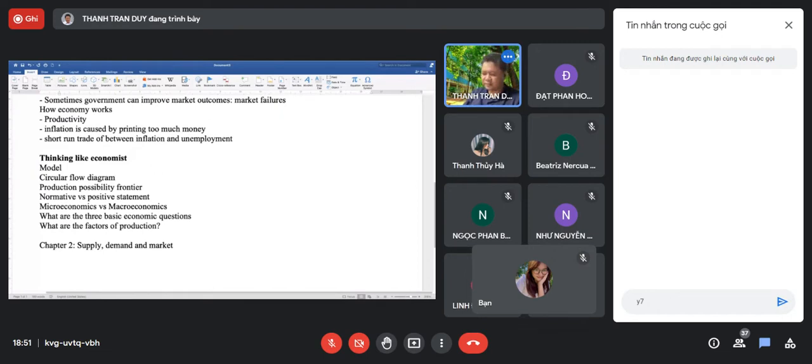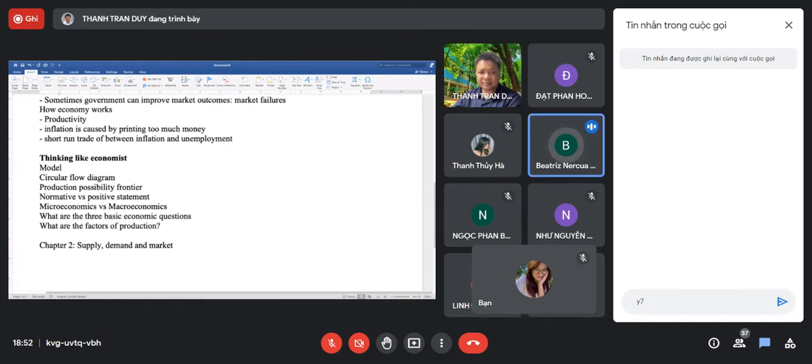In chapter 2, what is the circular flow diagram? Anyone tell me what is the circular flow diagram?